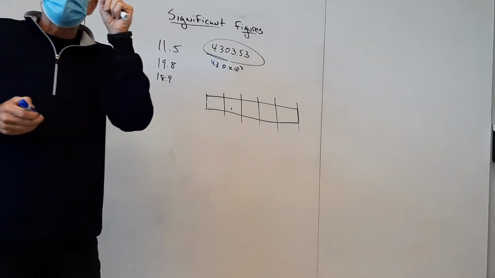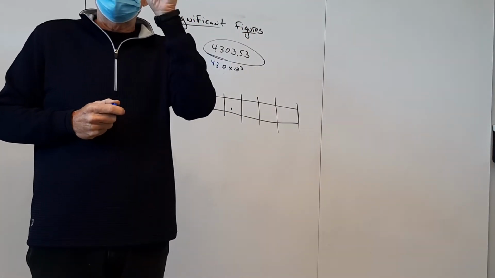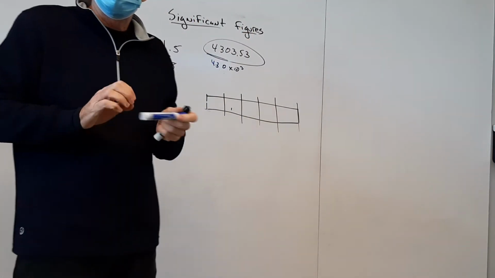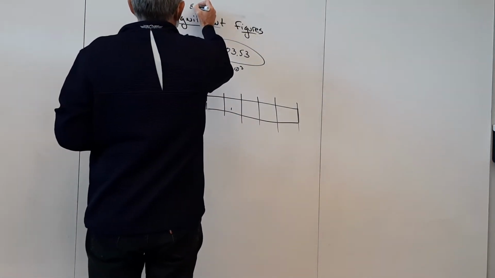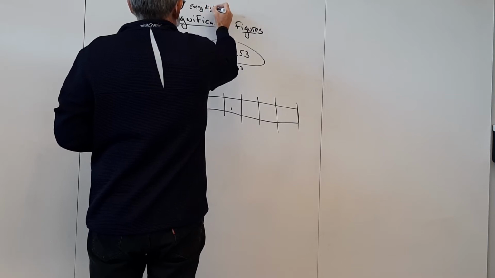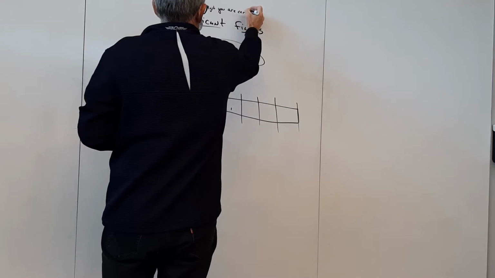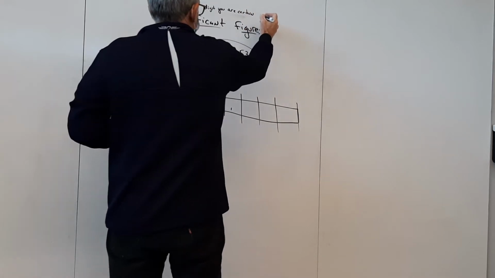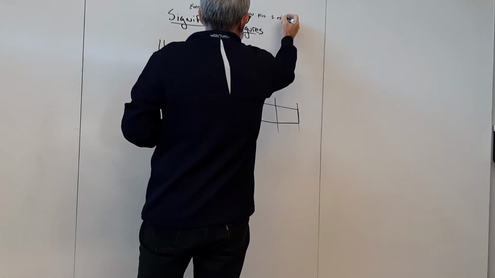No. Significant figures are every digit that you are certain of plus one that you estimate. 1.5. So significant figures are every digit you are certain of plus one that is estimated.